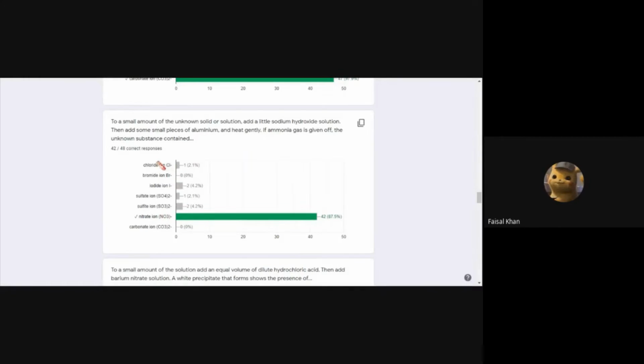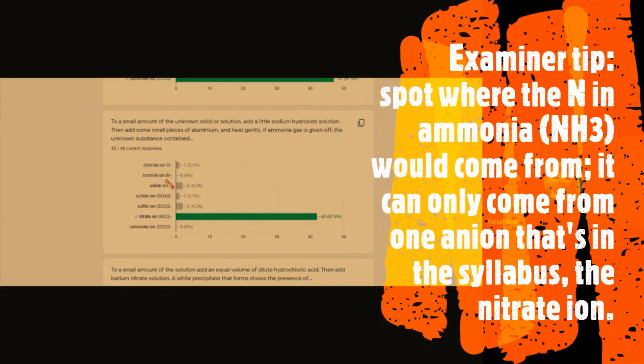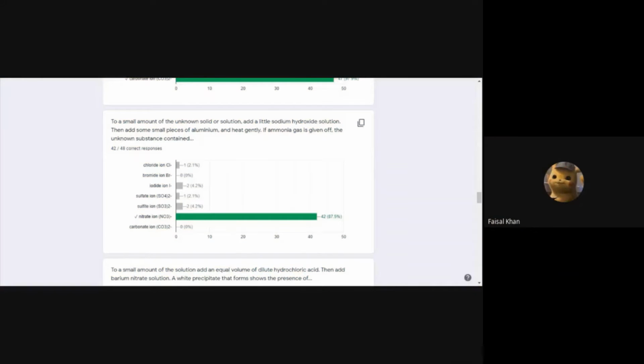Now look at the makeup of the actual ion on the right-hand side. Ammonia would come from a nitrogen-containing compound, and the only anion, negative ion, that contains nitrogen that you have to cover is the nitrate ion.